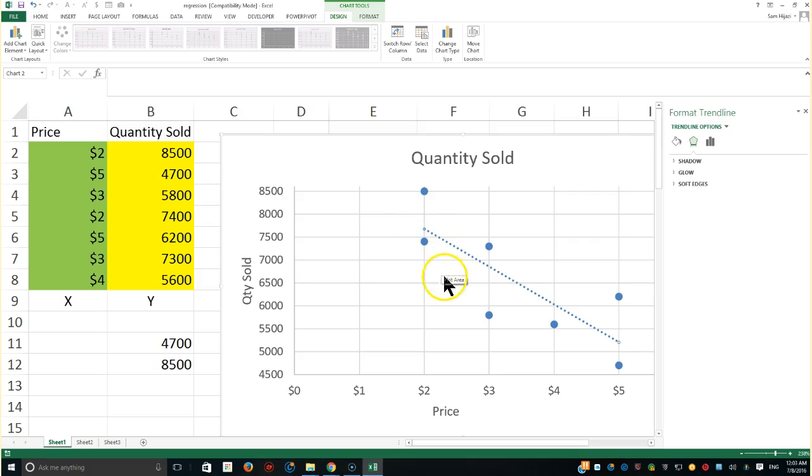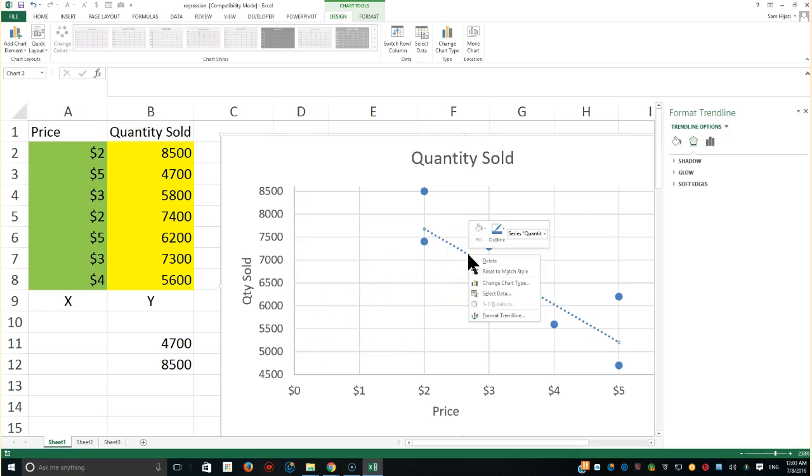The price goes up, the quantity sold goes down, which gives me a very good indication of how the slope is going to look. If an inverse relationship exists between the two variables, the slope is going to be negative.